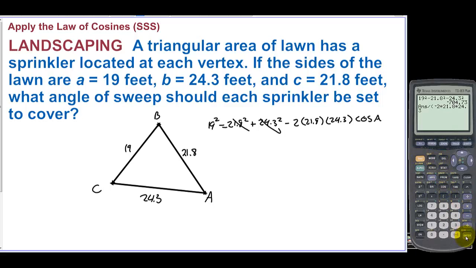Enter. Now that is the value of cosine, and we need to take the inverse cosine of this answer. This is going to give me the angle, but my mode is in degrees. Good. It's in degrees. We press enter. 48.305. So angle A is 48.305 degrees.